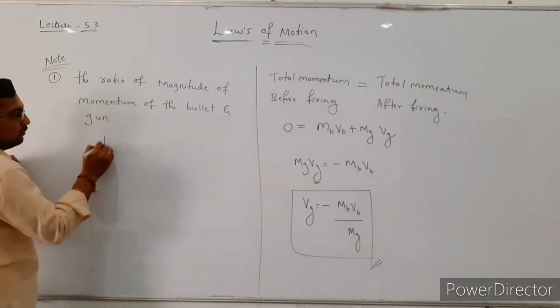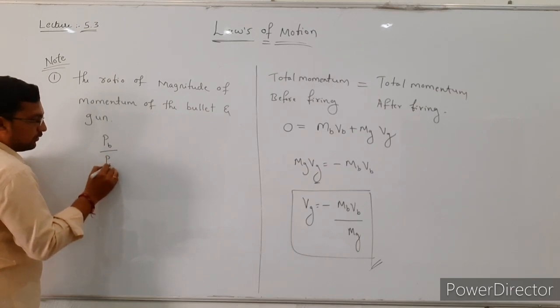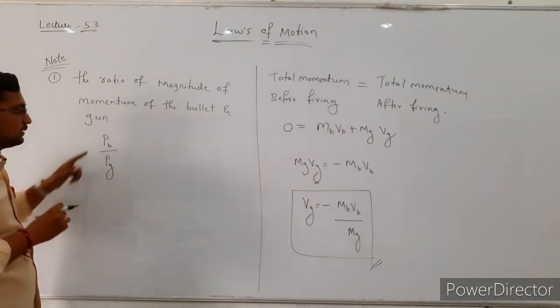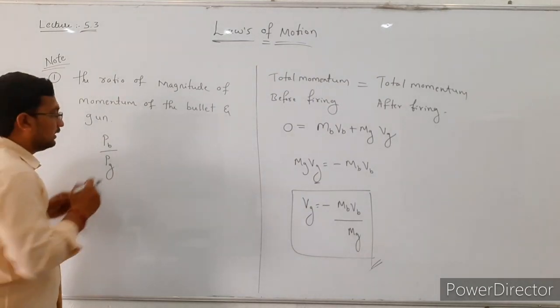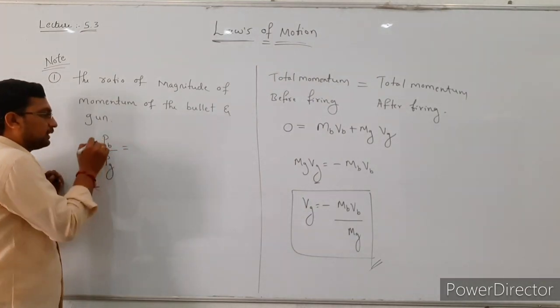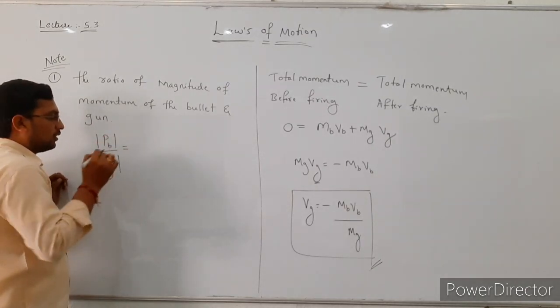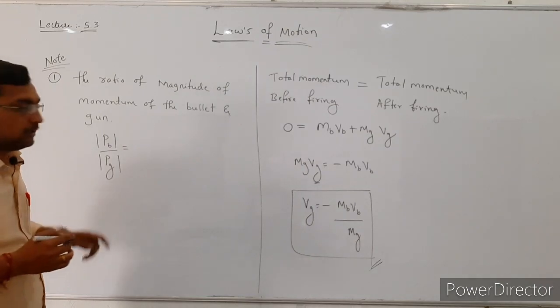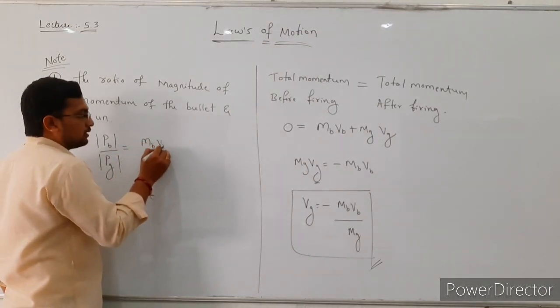Okay, see here, the ratio of the momentum of the bullet to the momentum of the gun. Here P suffix B indicates the momentum of the bullet. The magnitude of the momentum of the bullet to the magnitude of the momentum of the gun is equal to the magnitude of mass of the bullet into velocity of the bullet.